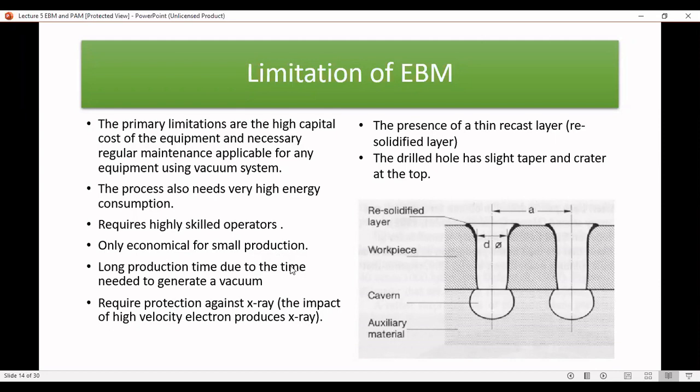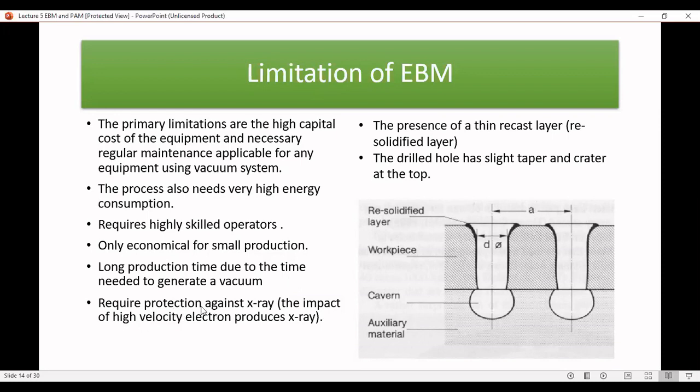In order for you to achieve that particular vacuum, it takes maybe about 1 or 2 hours to do that. In UTEM, we have a system that runs on a vacuum system, and usually to get 10 to the minus 5 torr in terms of vacuum pressure, you need about 2 hours for the system to achieve that.